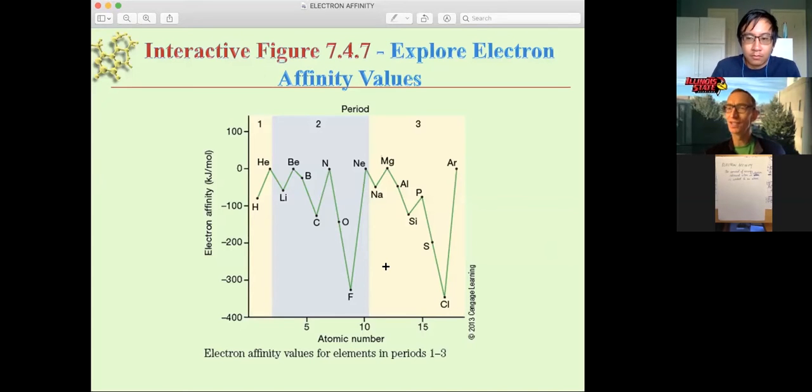Hold on, didn't we just say that they had high electron affinity? Well, they do have high electron affinity. It means that they're in the range of releasing 300 kilojoules per mole when the electrons come down into their orbitals. So they're at the bottom of this graph, but they have high electron affinity, okay?